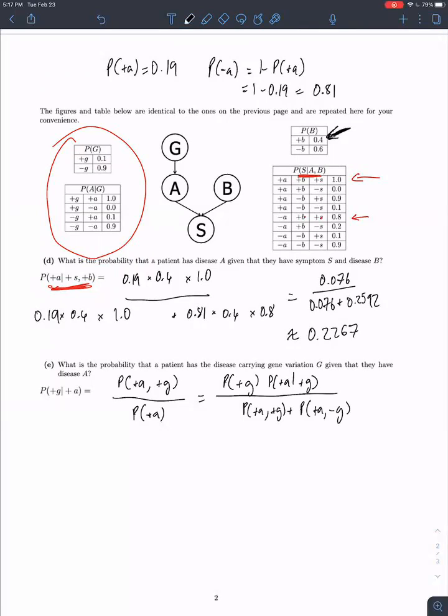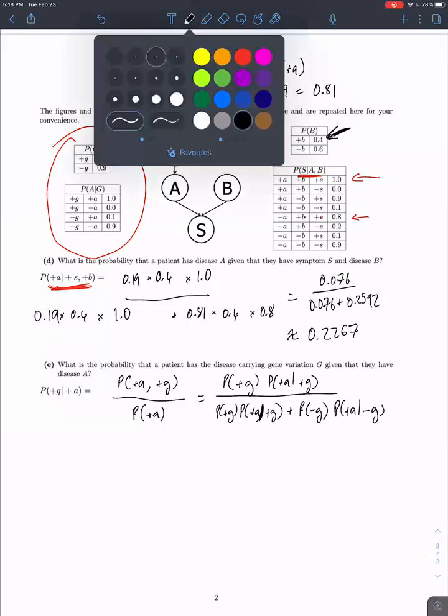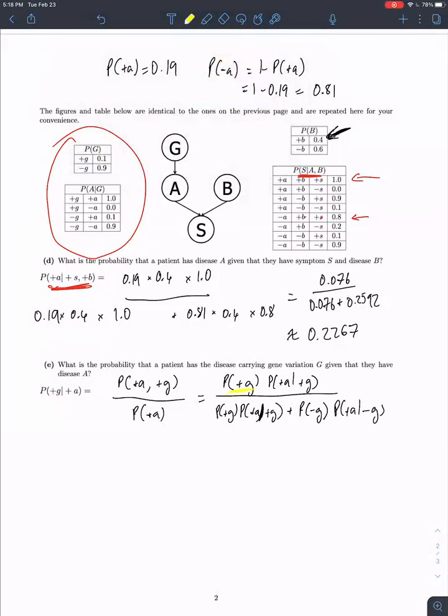Okay, but again, we can just do the simple expansion where probability that you're positive for A and positive for G is probability that you're positive for G, times probability that you're positive for A given that you're positive for G, and then probability that you're negative for G times probability that you're positive for A, given that you're negative for G. And this is good because we've massaged it until we have these terms in priors, just overall probabilities of G, which is this table right here.